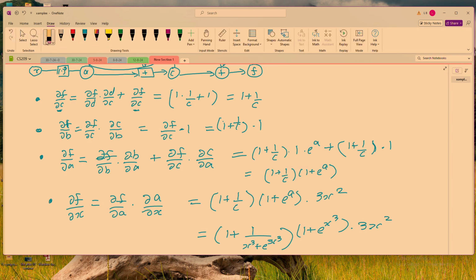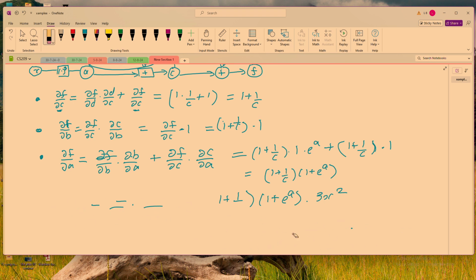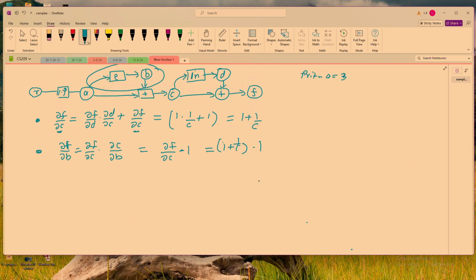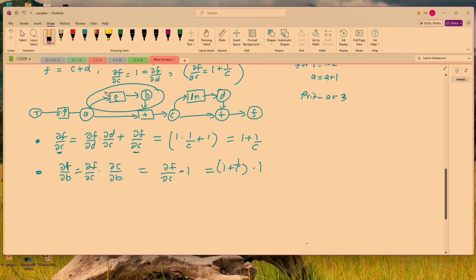I don't want to confuse you, but I want to emphasize this one more time. So let's erase all of this. Okay, so now erase this also so that you don't get confused.